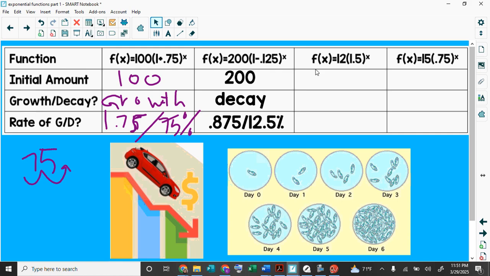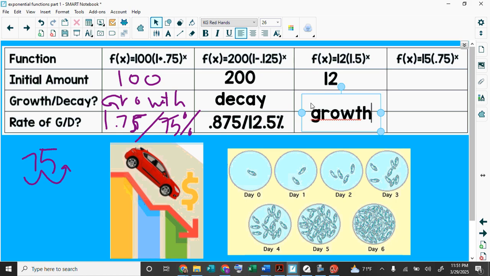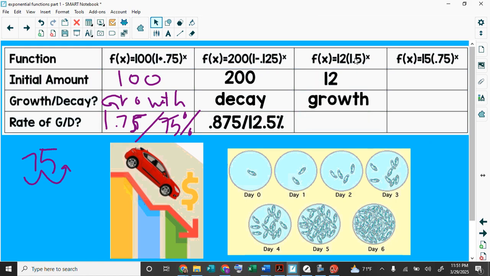So here, what was my initial amount? My initial amount is 12 because that's what was here. Is it a growth or decay? Is this number over 1 or under 1? Well, it's over 1, so that means it's going to be a growth. By how much did it go over 1?